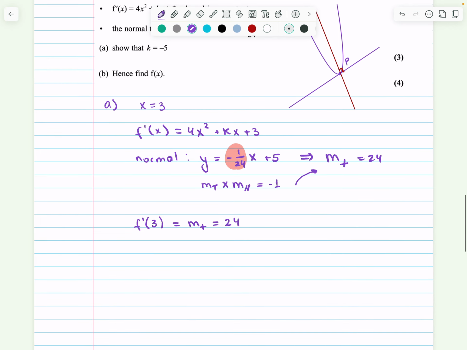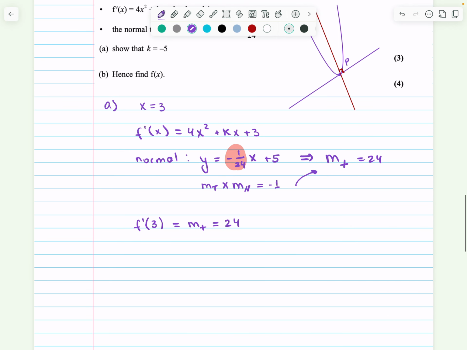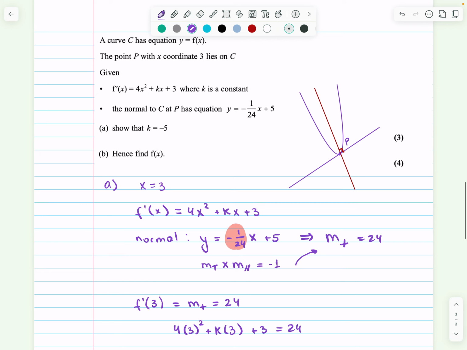So the derivative of this curve, 4x squared plus kx plus 3, at x equals 3 is going to be equal to 24, and we're going to find k.